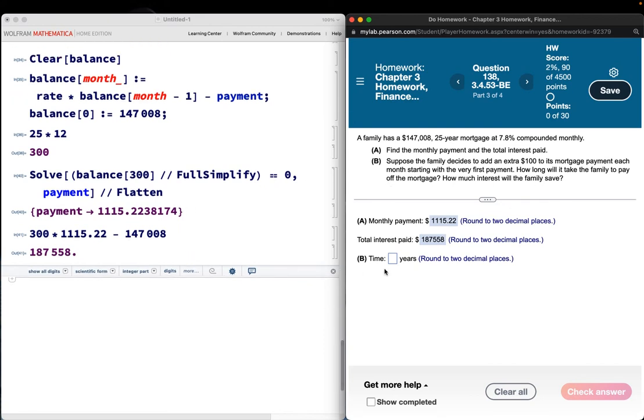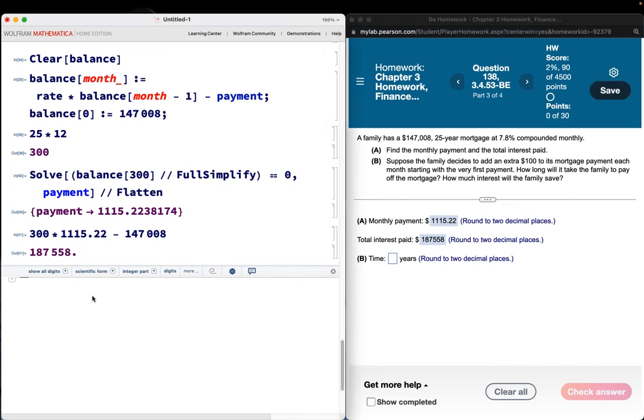I would be happy with an integer answer, but they want you to be very, very specific here. So it says, suppose the family decides to add an extra $100 to its mortgage payment, which means obviously you'll spend less on interest, and you will finish paying off your mortgage before you reach the 25-year mark.